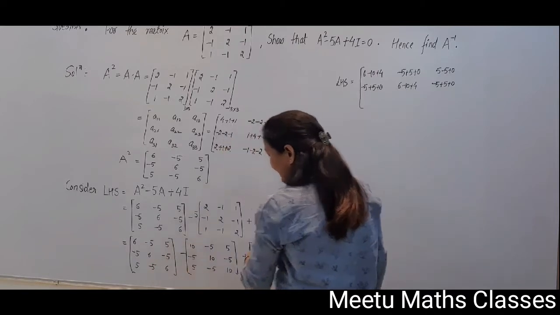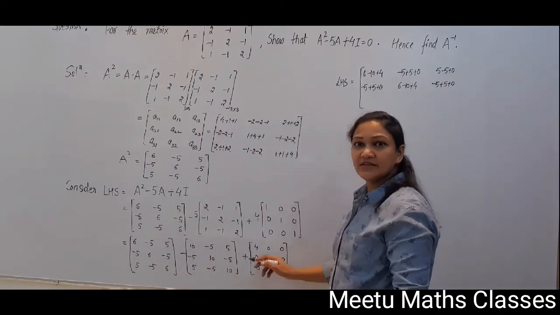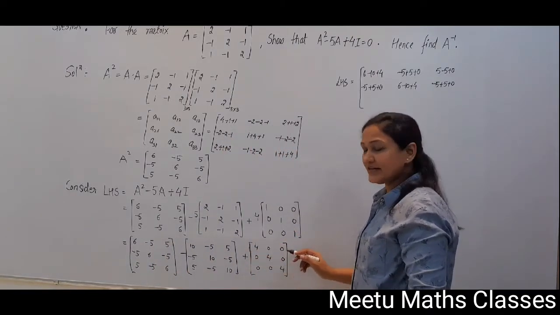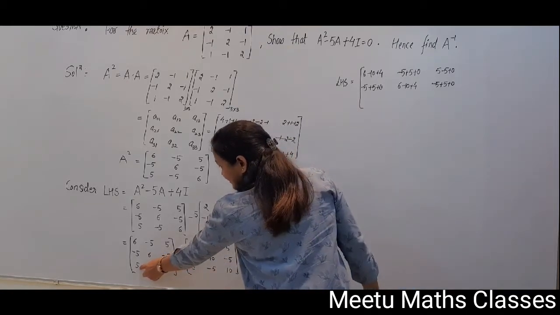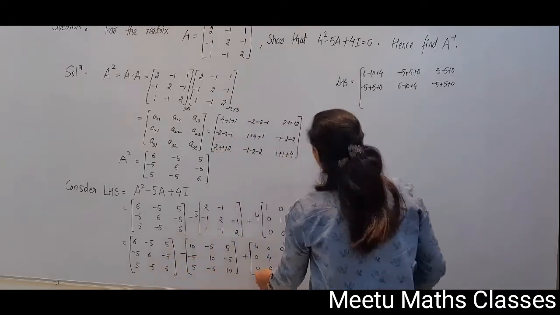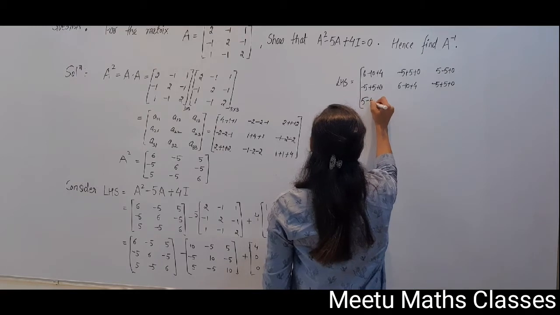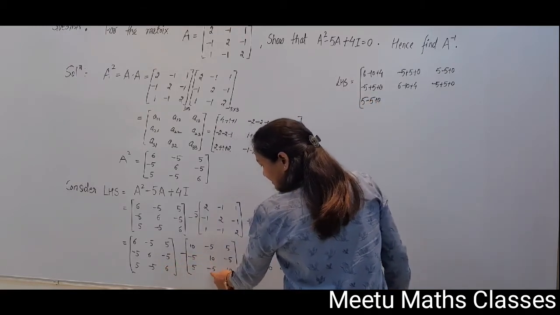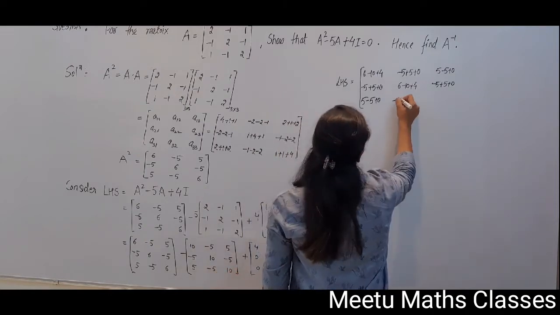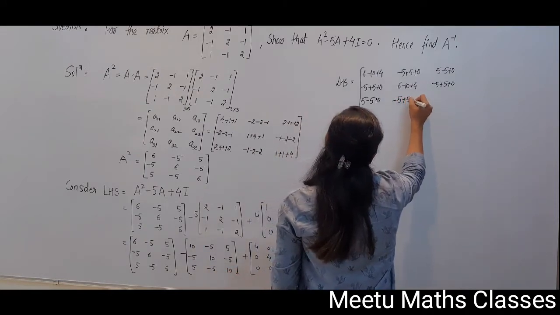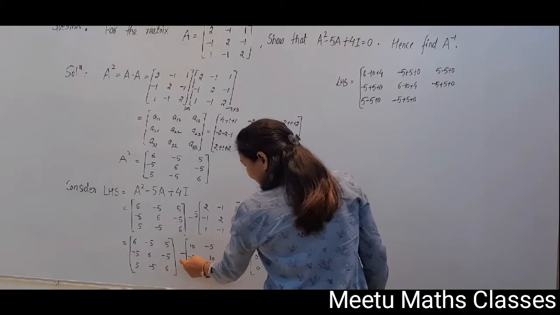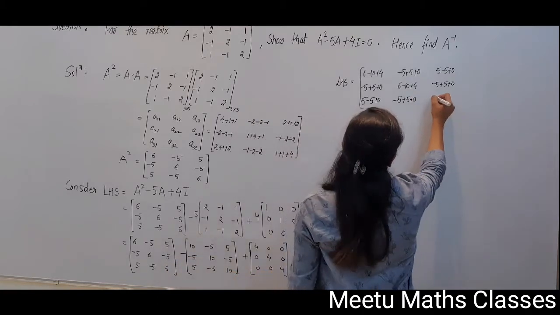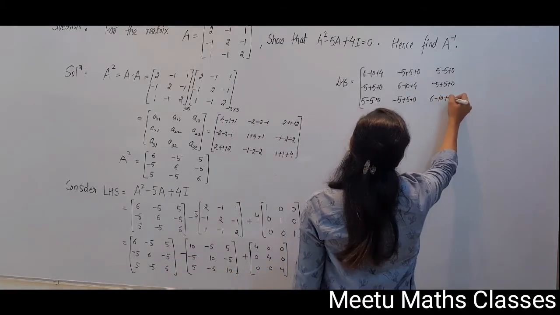When you are going to add or subtract matrices, the corresponding elements are going to be added and subtracted. So this 5 minus 5 plus 0. Then minus 5 minus minus plus 5 plus 0. And this is 6 minus 10 plus 4.